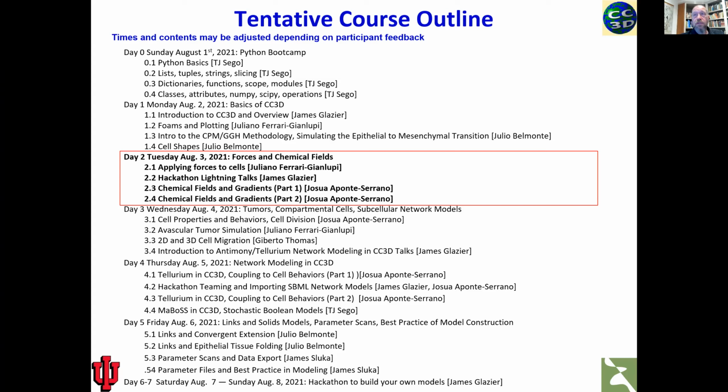Then we're going to have the hackathon lightning talks, followed by a discussion of the hackathon and some presentation by TJ of the COVID models that he's been building with CompuCell. And then in the afternoon, Joshua is going to tell you how to implement chemical fields and diffusion and to understand how those work. So that's the agenda for tomorrow.